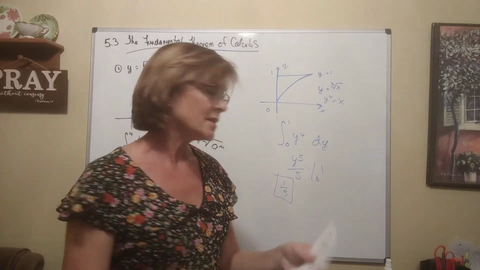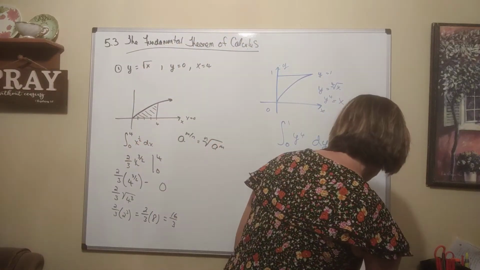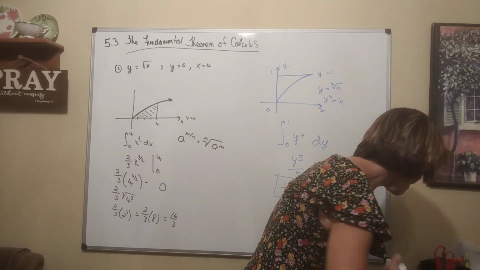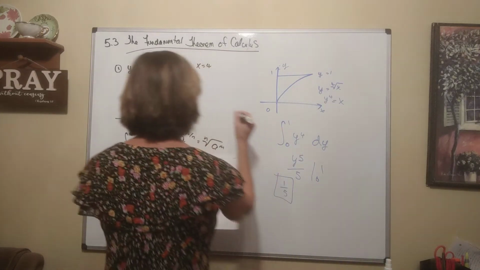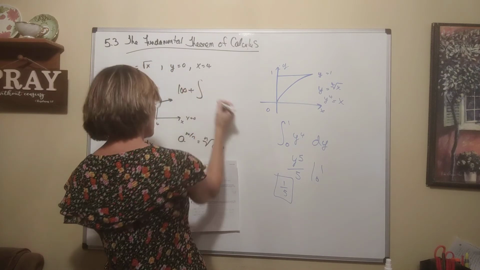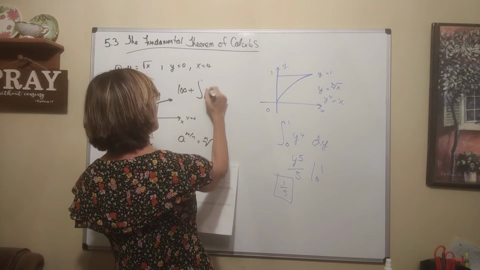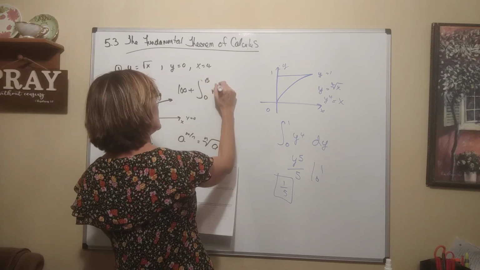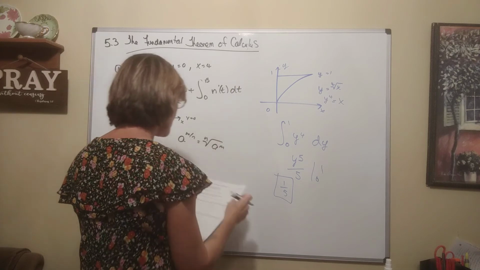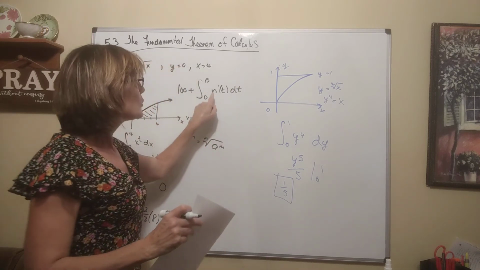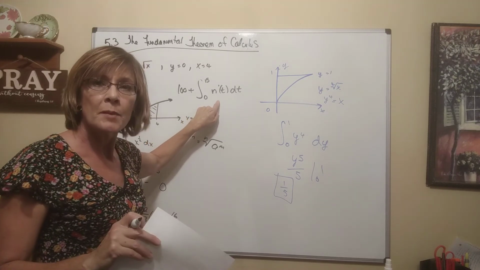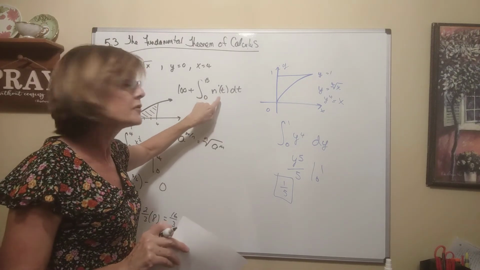So it says, what is 100 plus the integral from 0 to 15 of n prime of t dt? What does this mean? All right. So if n prime of t is the rate at which the bee population is increasing, this is a rate of change.